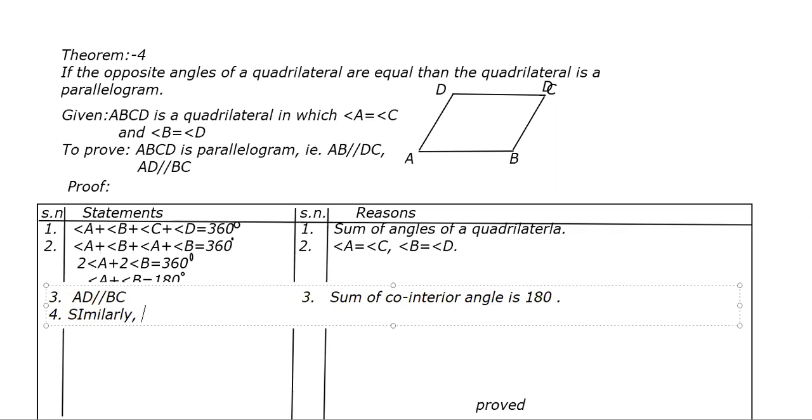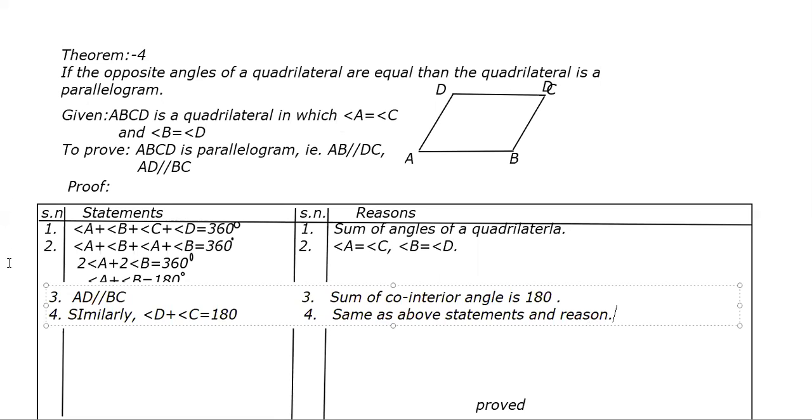Similarly, we can write angle D plus angle C is also 180 degrees.